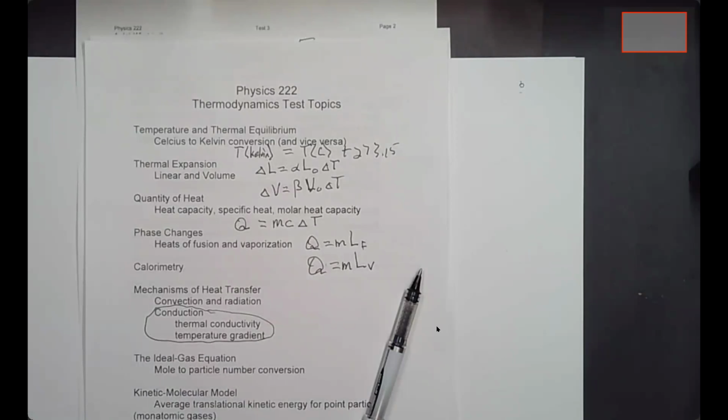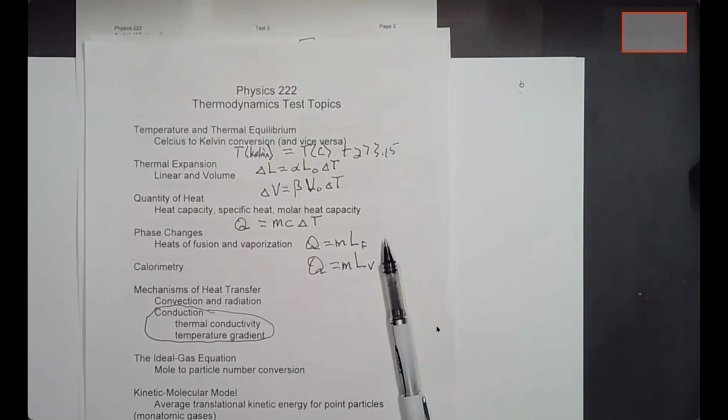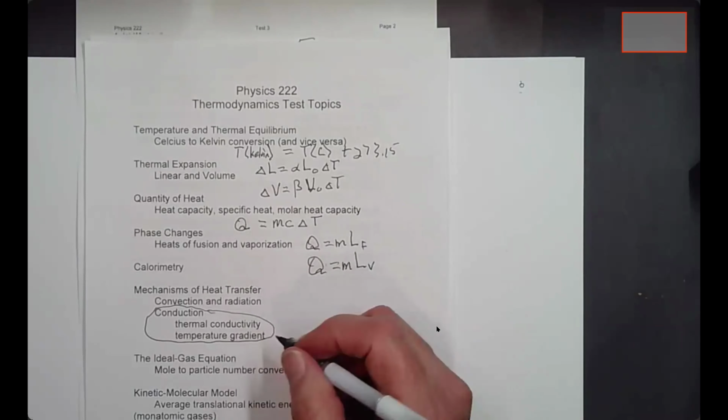Then atoms on the outer layer will bounce into atoms under the outer layer. It's just an atom to atom collision thing, a chain reaction of sorts that just goes on. And that's what conductivity is.